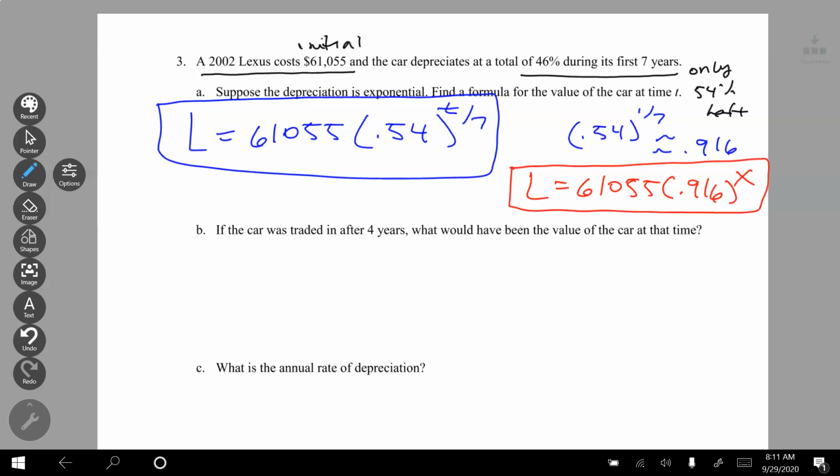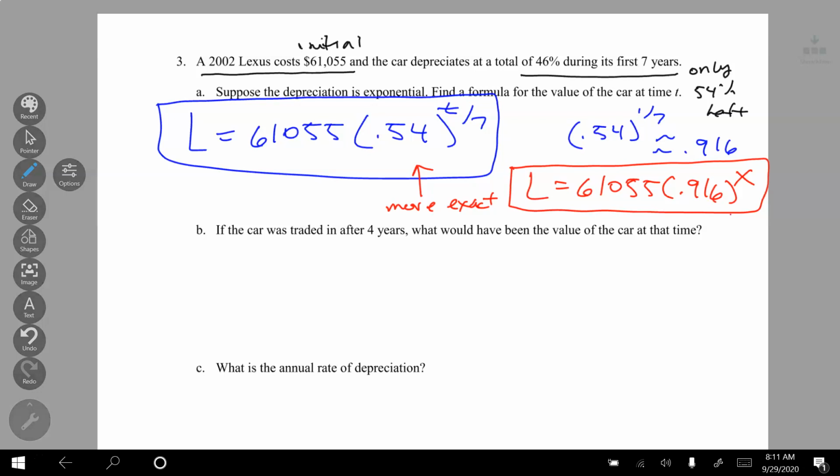They're about the same. The only difference is that this one is more exact, okay? Because it is incorporating a loss of 46% in 7 years, and that 0.916 is a rounded off number.